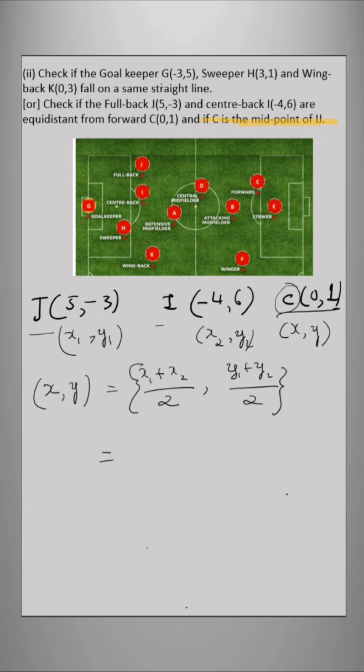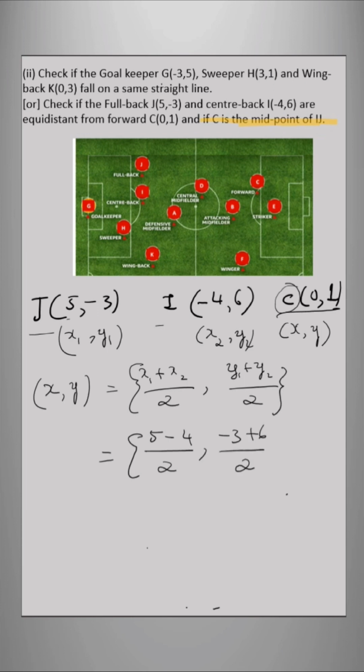Let us check. Here x1 is 5, x2 is negative 4, by 2, y1 is negative 3, y2 is positive 6, by 2.